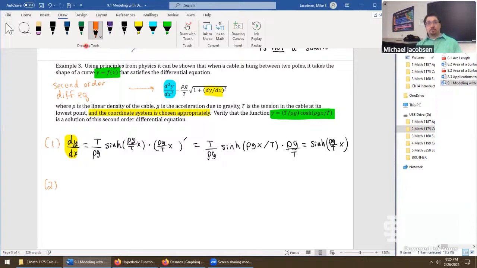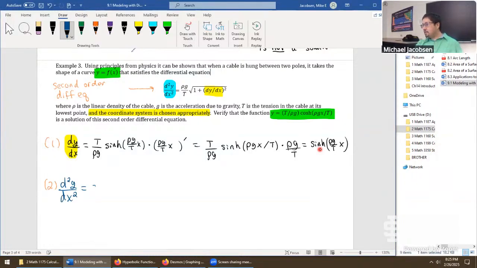And now, because it's second order differential, we do it again. Differentiate this one more time. It's easier the second time. It's kind of curious because now it's just a chain rule. Let's go, d2y indicates the second order derivative. dx2 indicates we're differentiating with respect to the variable x both times.